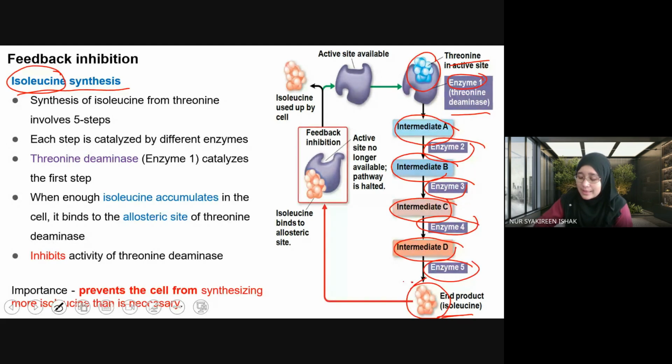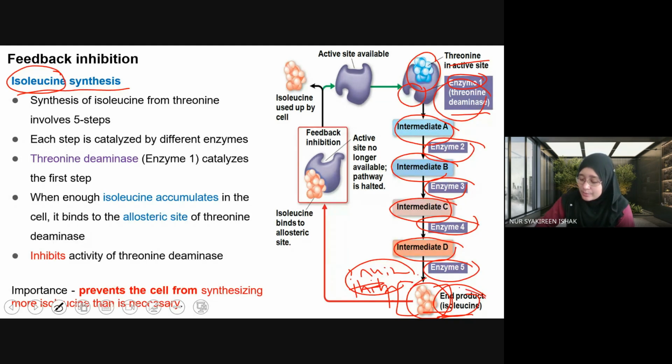But when the cell has produced enough isoleucine, there is already so much isoleucine in the cell. So the cell will stop the production by the end product becoming the inhibitor for the first enzyme, which is threonine deaminase. As you can see, threonine deaminase has an allosteric site.